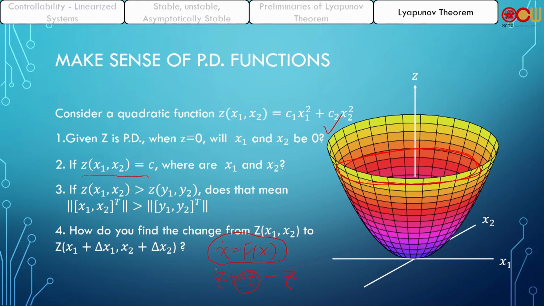It's possible, right? We don't know the solution, but if we can know the change of z, and it says z will change to 0, that means the argument reached the origin. And in this case, you don't need to solve for a solution and it guarantees the stability, which is asymptotic stability.